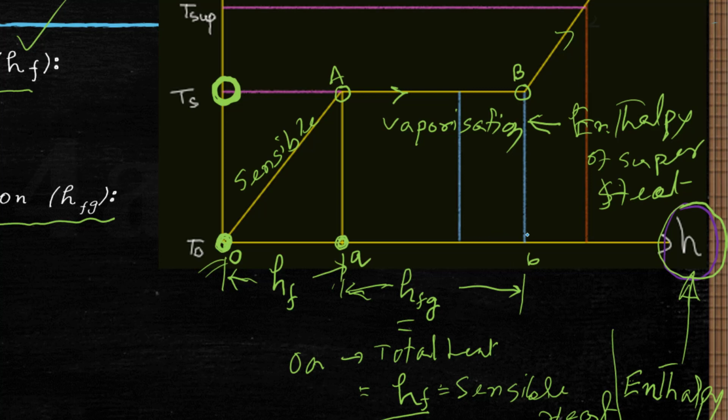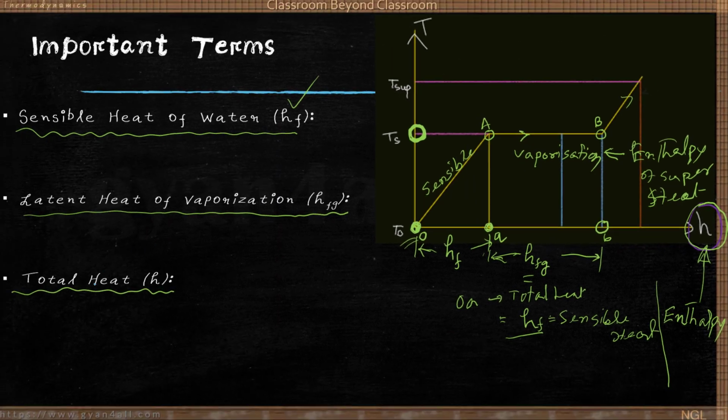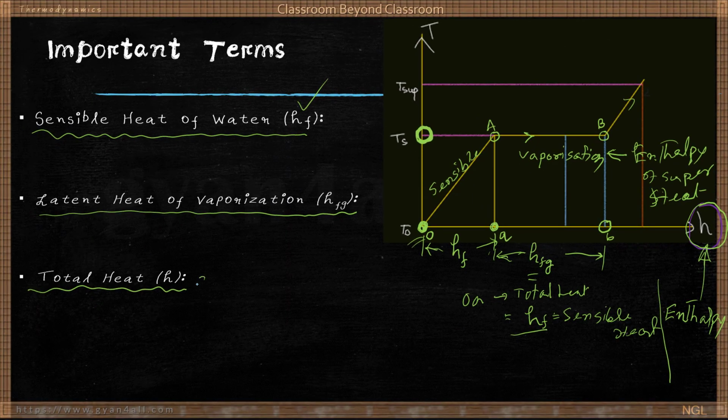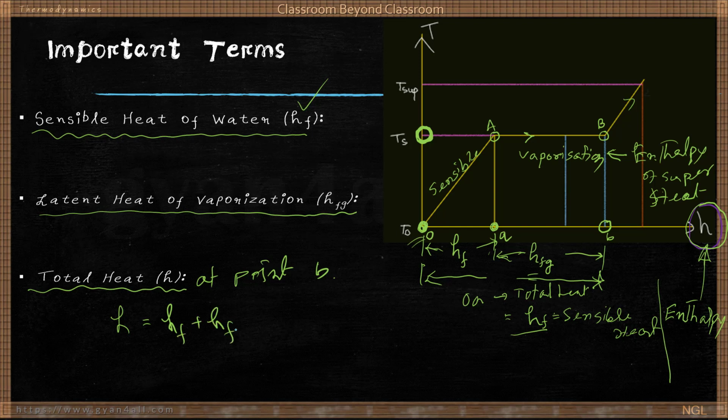Now you tell me, what is the total heat at point B? Can anybody tell me? Total heat H at point small b, small b and capital B are the same thing. H equal to? Yes, excellent. HF plus HFG.